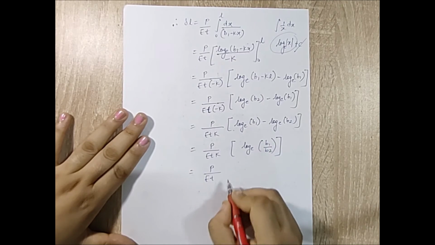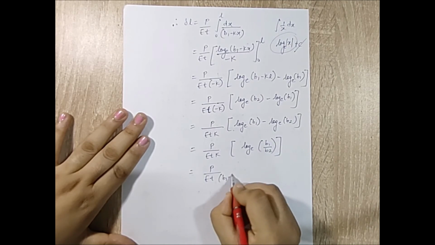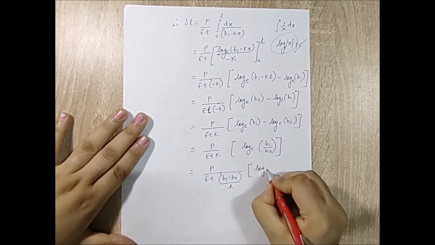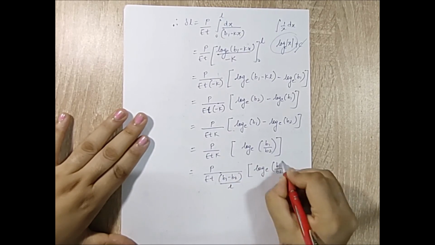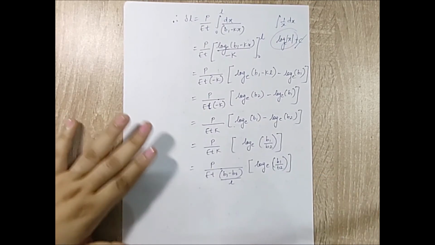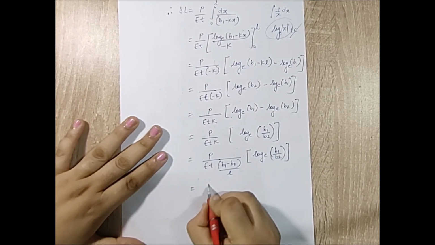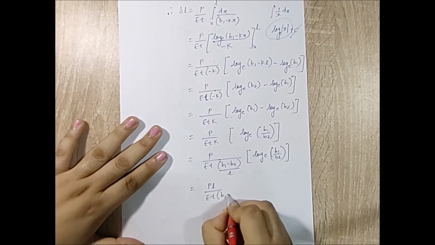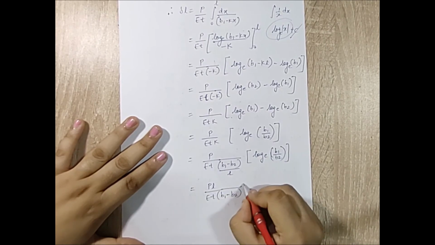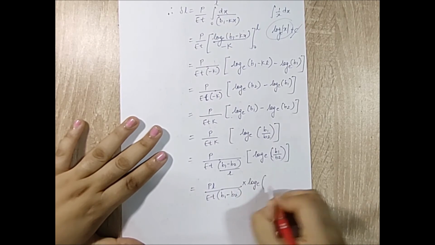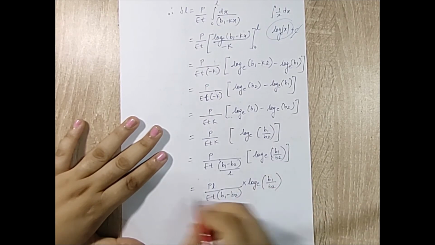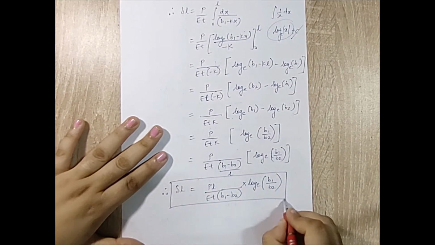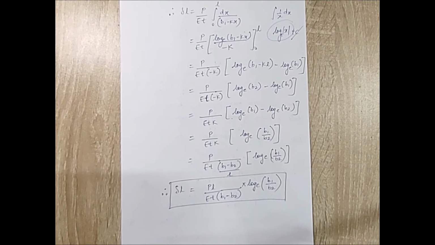K was B1 minus B2 upon L. So I'll just take this L above. I get PL upon Et B1 minus B2 into log to the base e B1 by B2. This is the formula of elongation for a tapered bar whose cross section is rectangular.